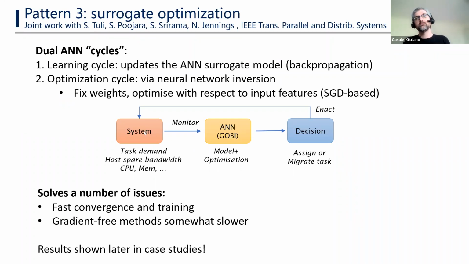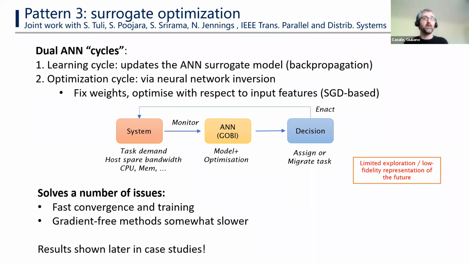And now you could do this, and it works in many cases, but one issue is that you are essentially fitting and perhaps even overfitting the data based on what you are observing. You're not exploring other scenarios different from the data that you are receiving to update your neural network. And so you might not be able to predict efficiently all the options that are available in terms of decision making.